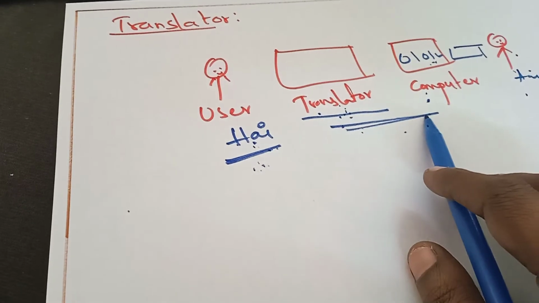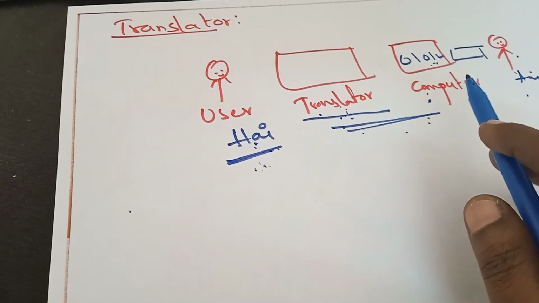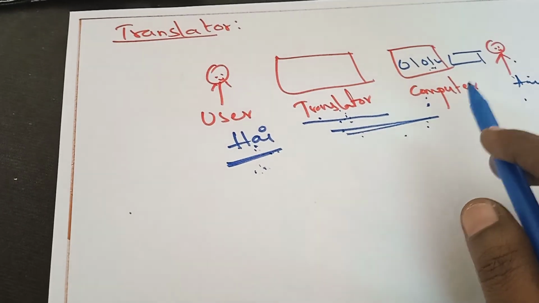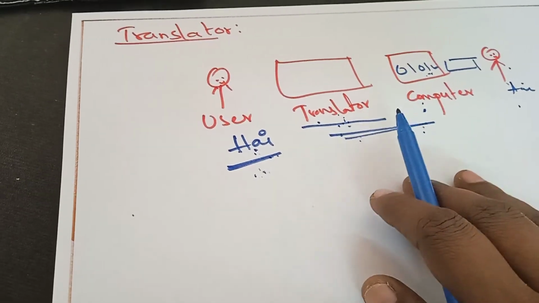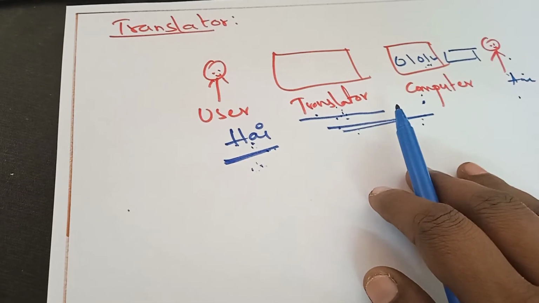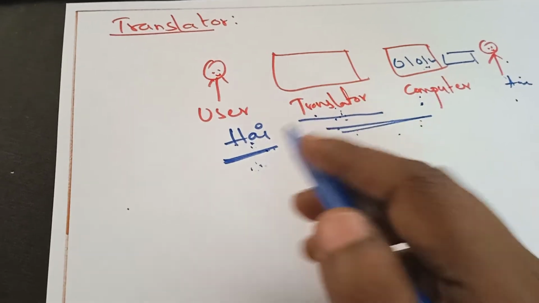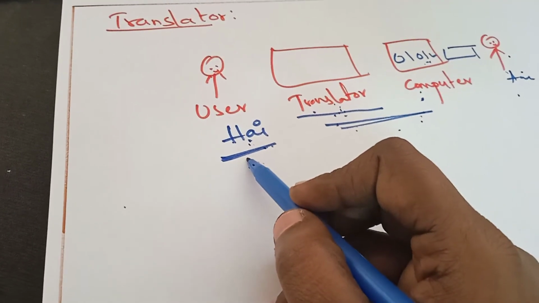Then the system-level message will again be converted into user level in order to produce the output to the user. This is what happens in computers. Now this is general English language.